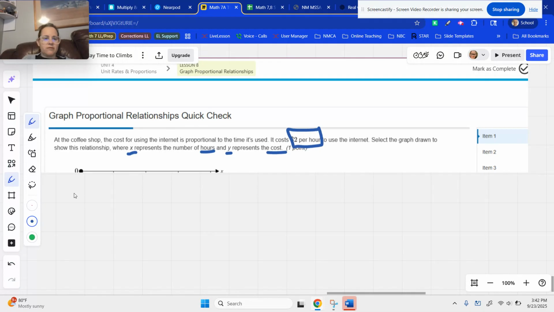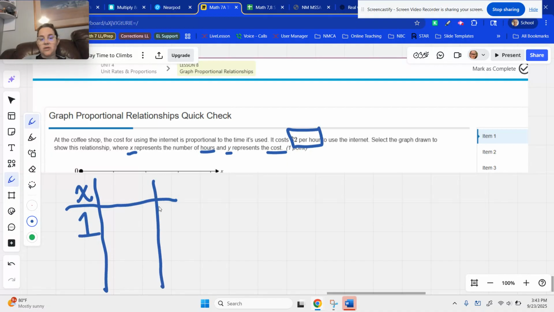All right, so before I make the graph, I'm going to make a table. Okay. I know that if X is 1, Y is going to be 2 because they told me that. That's the unit rate, right? Here it is, unit rate.